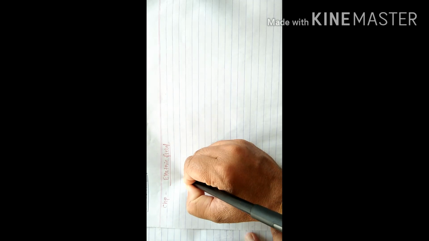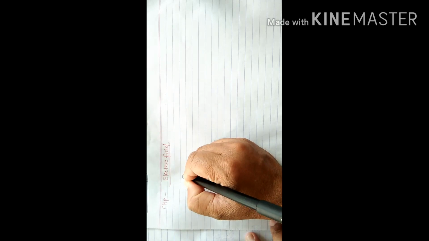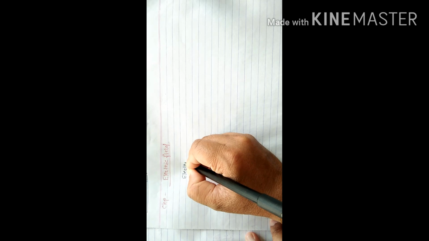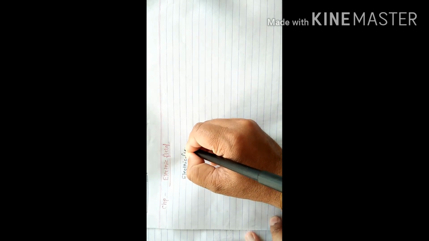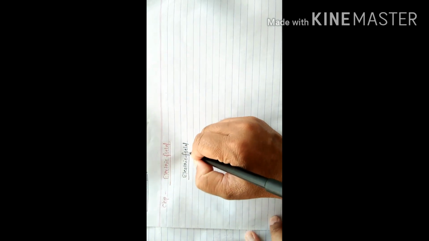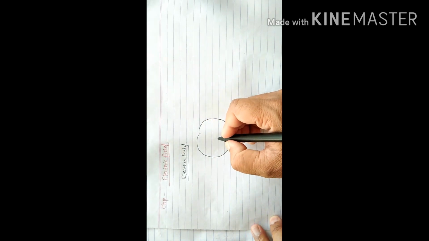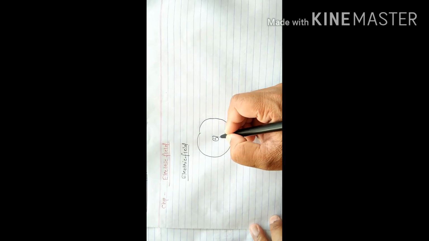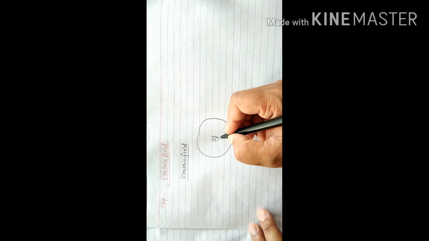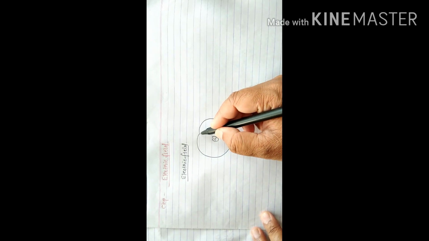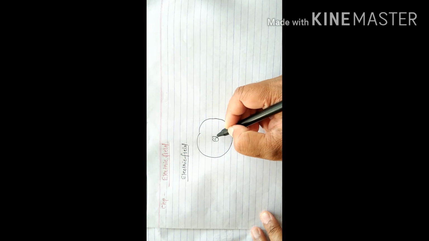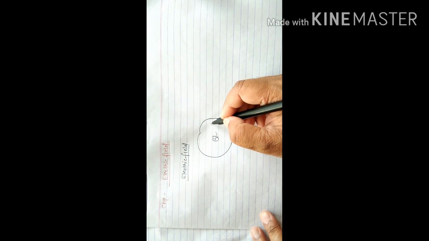So the first topic in this chapter which we are going to adopt is electric field. Suppose there is a charge Q, and around this charge there will be some space in which the influence of this charge can be experienced.